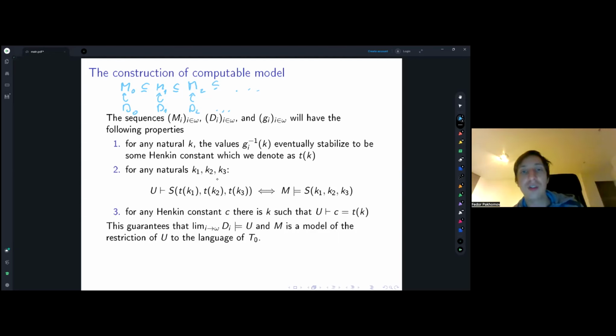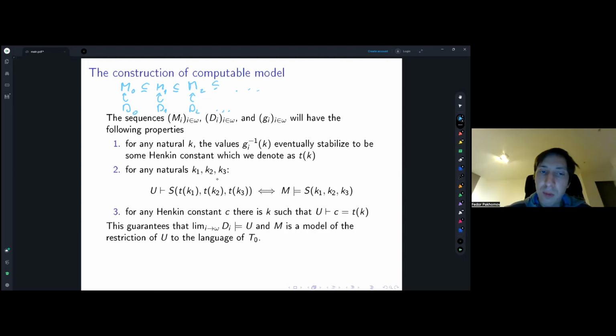So despite the fact that we could have a revision of what the Henkin constants associated with K are, eventually this should stabilize, and we denote the stabilized value as T of K, some Henkin constant.